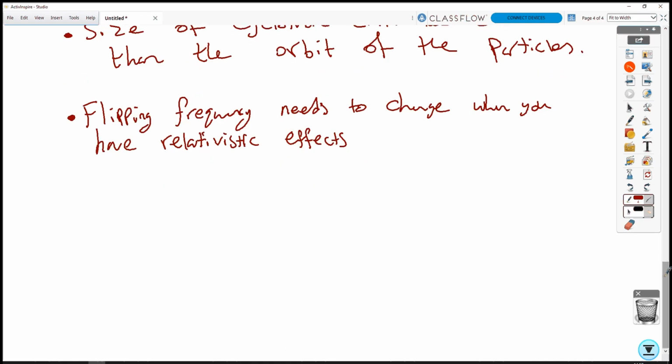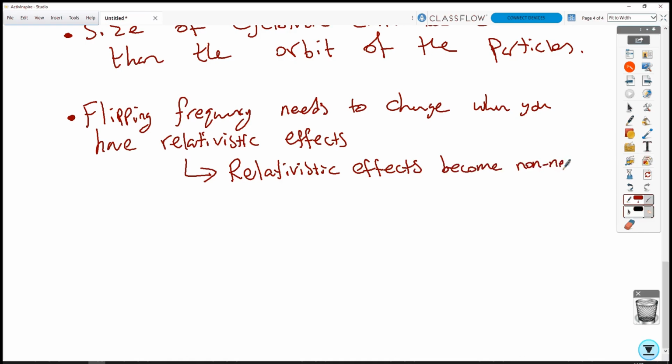So we're limited to how fast we can accelerate these electrons or any particle too. So relativistic effects become non-negligible near the speed of light.